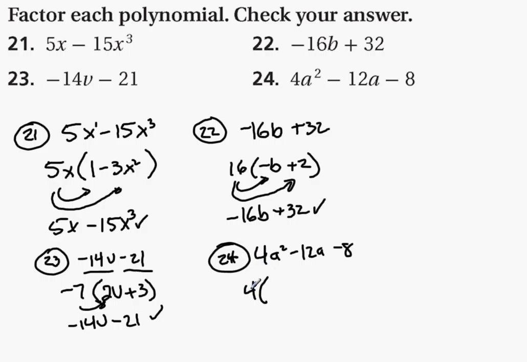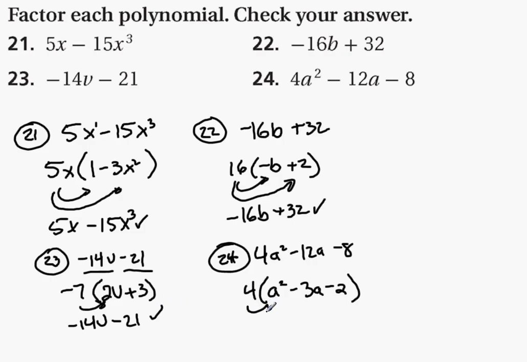Now, what would I multiply 4 by to get 4a squared? You would say a squared. What would I multiply 4 by to get negative 12a? You would say negative 3a. And what would I multiply 4 by to get a negative 8? You would say a negative 2.